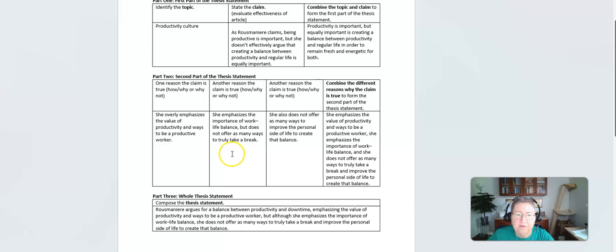In order to prove that's true, we need a supporting quote or paraphrase from the article that shows how that's true. Same for the third. She also does not offer as many ways to improve the personal side of life to create that balance. So we need to see that's true by how it actually happens in the article.